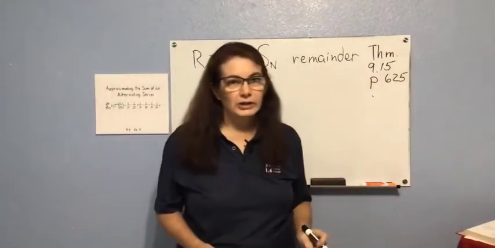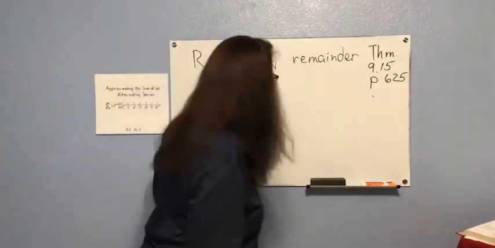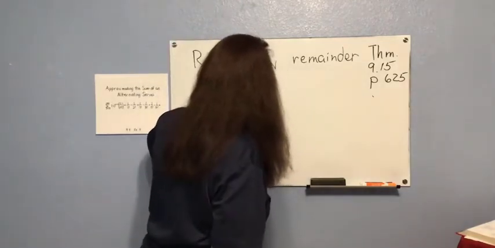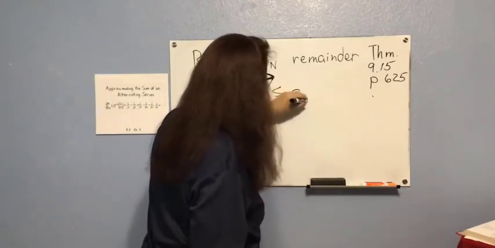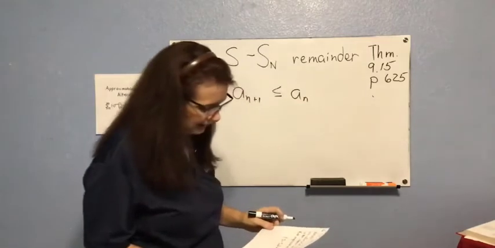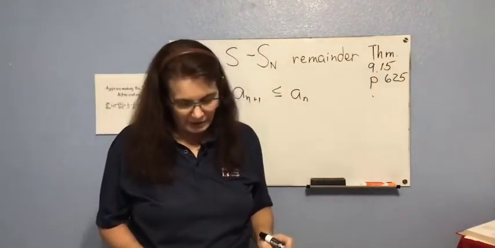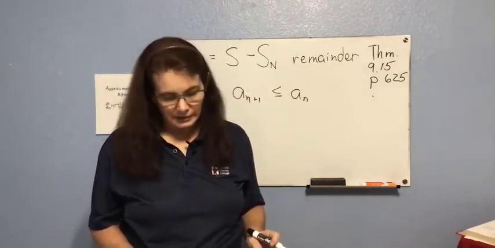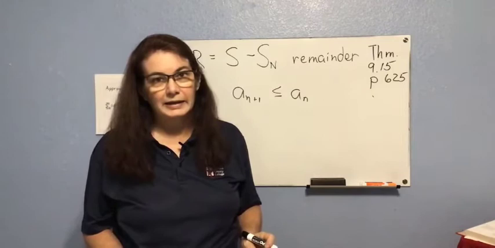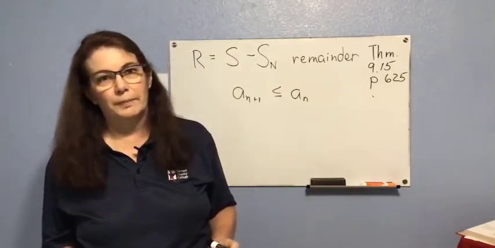If a converging alternating series satisfies a sub n plus 1 is less than or equal to a sub n, then the absolute value of the remainder R sub n involved in the approximation of S using S sub n is less than or equal to the first neglected term.